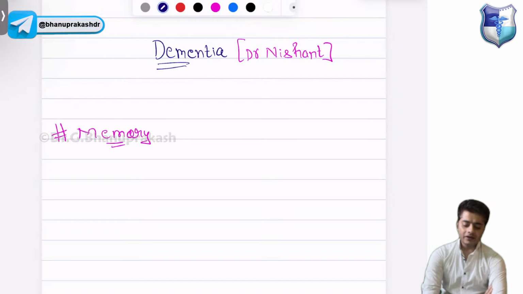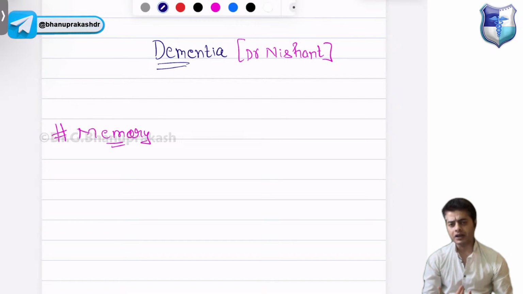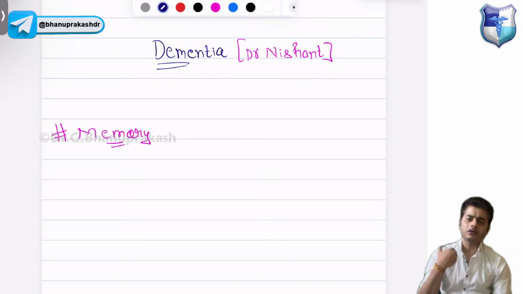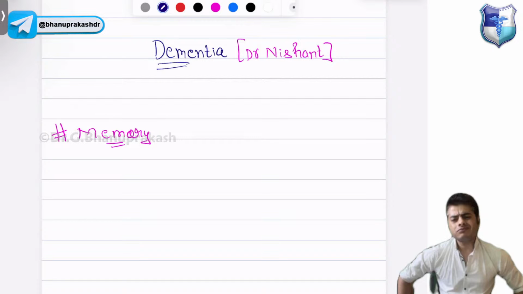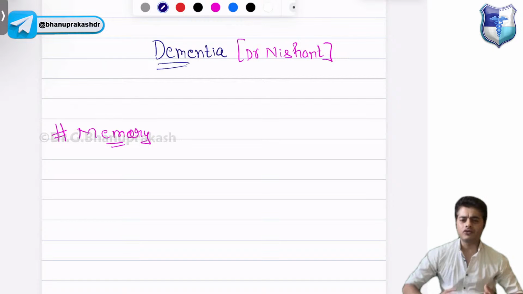So when it comes to dementia, generally we don't have proper knowledge of how to take a proper history and how to do a proper examination for dementia. Maximum time our knowledge about dementia is not that clear at undergraduate and postgraduate level, because generally we try to skip this topic.